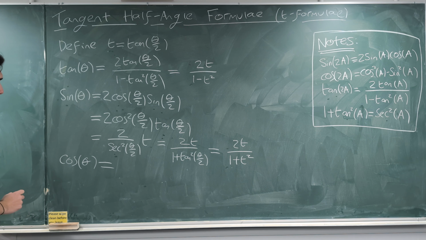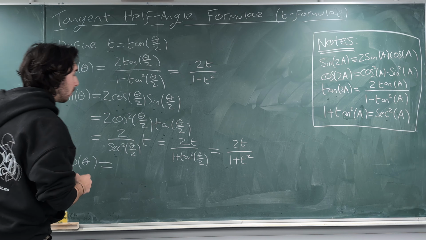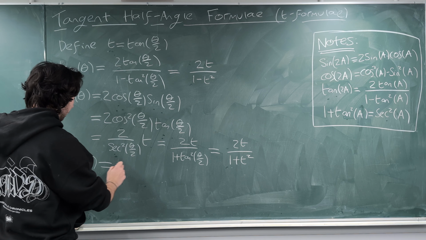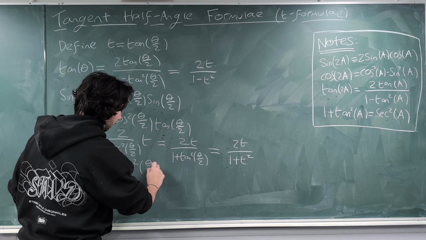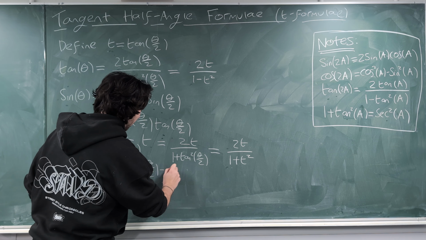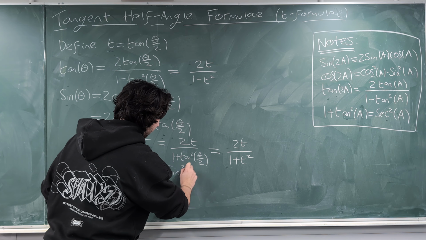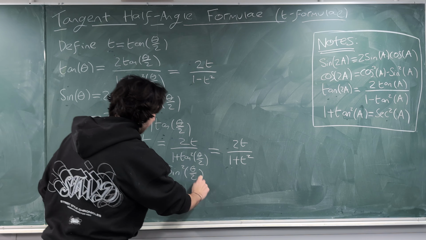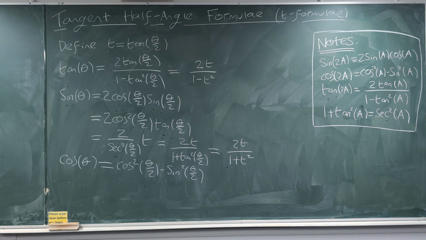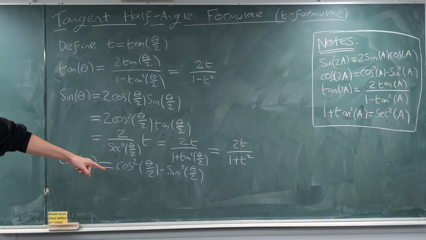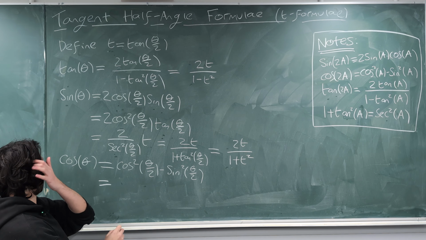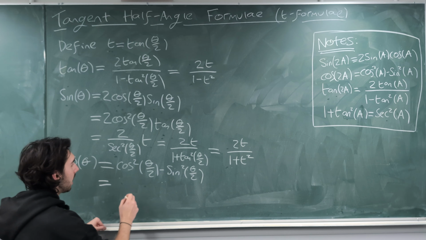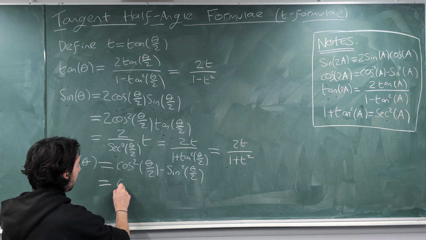Okay, well, cos theta, using the double angle formula for that, it's cos squared theta over 2 minus sine squared theta over 2. Let's factor out a cos squared.